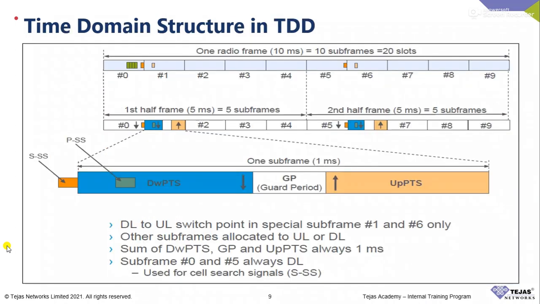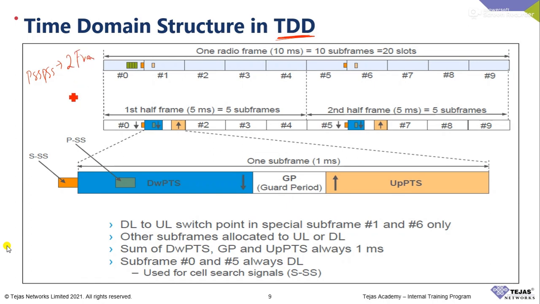Okay, now let's look at the PSS and SSS positions. You can see the PSS and SSS positions here in TDD. Okay, so remember this is in TDD. In FDD, I just repeated here. In FDD, where was the PSS and SSS? PSS and SSS came twice in a frame.